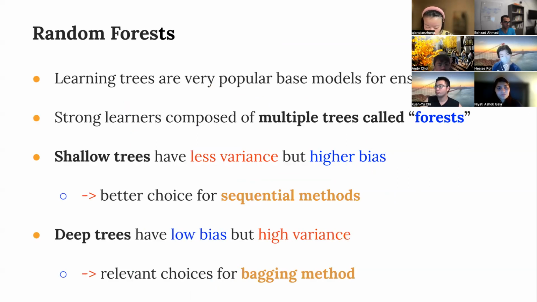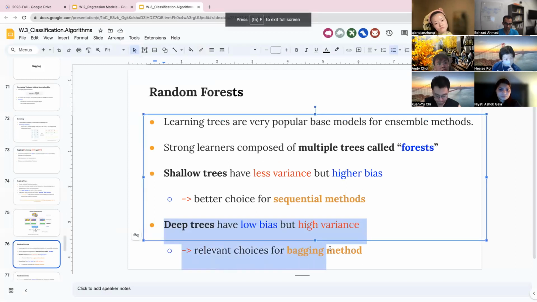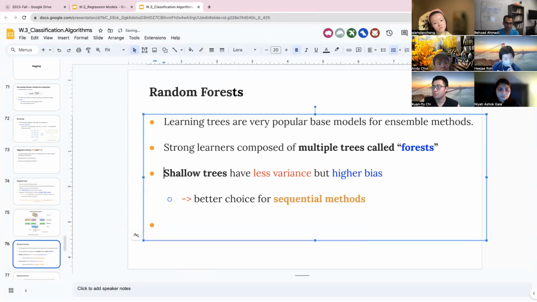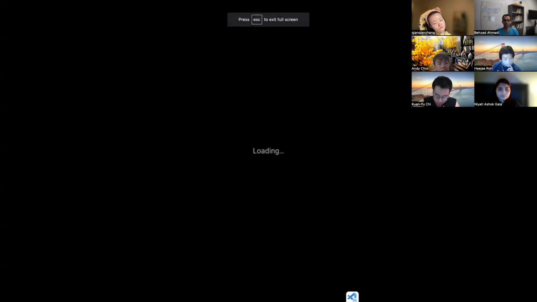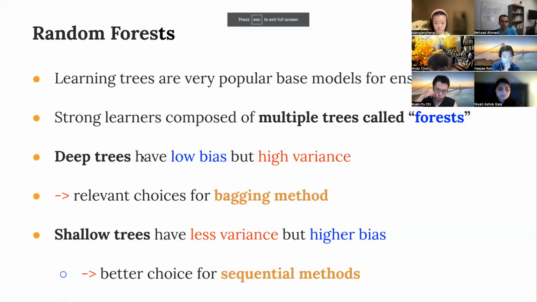A bagging version of decision trees is called random forest. In random forest, you are training multiple weak decision trees. Here the idea is to have multiple weak learners, but with high variance.